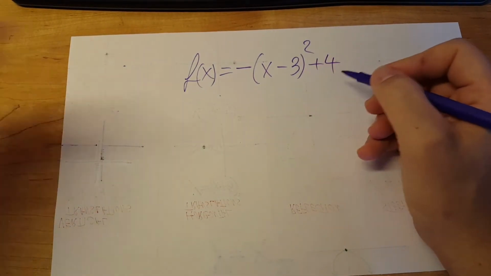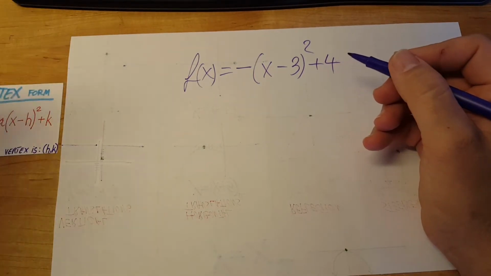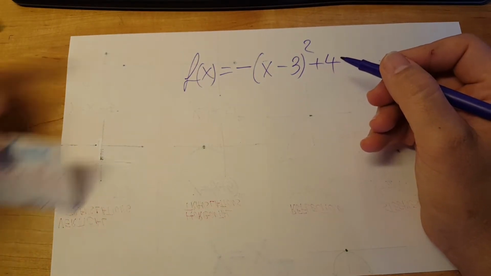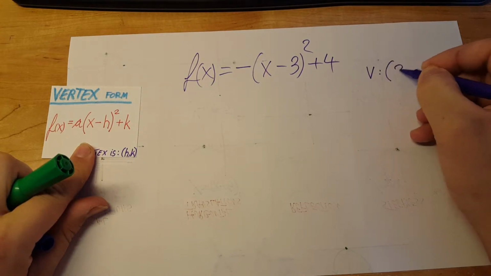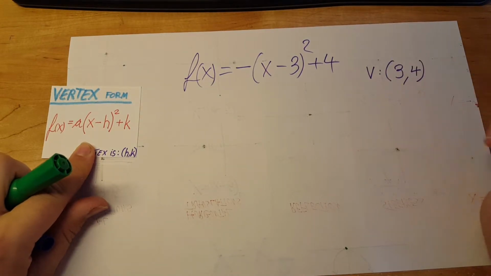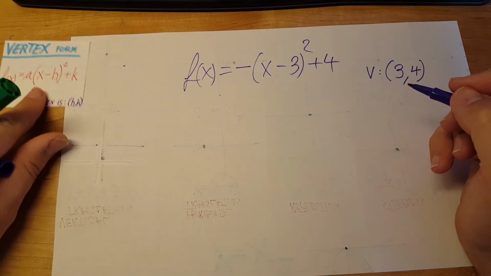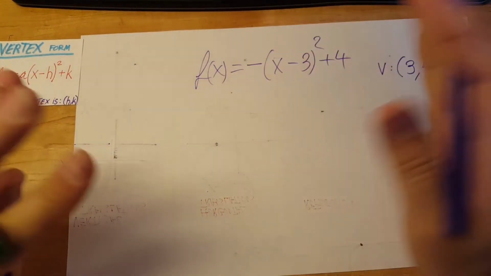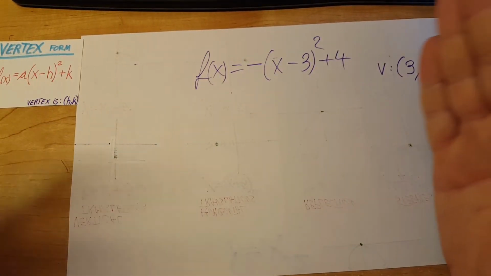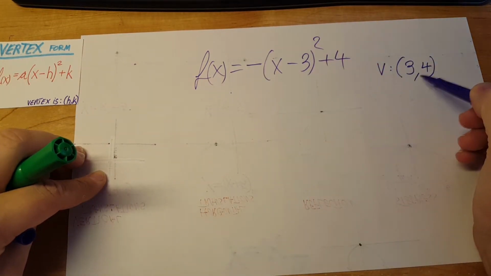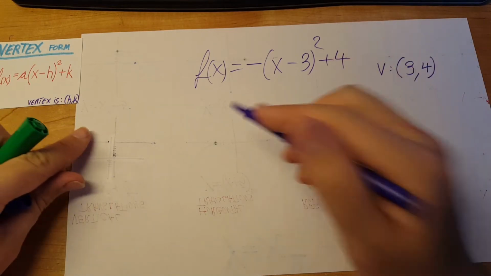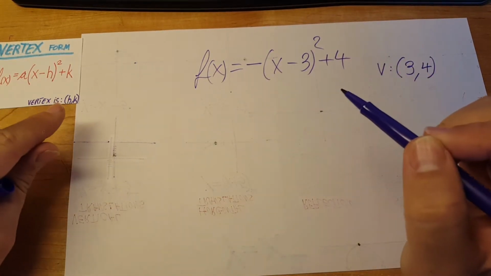From here, since it's in vertex form, we can tell that the vertex will be at 3, 4. Now, when we draw this, if we work in a sequence, let's say we have a negative, so we need to make a reflection, and we have a vertex, we need to find the vertex. We need to draw the vertex and then make a reflection.